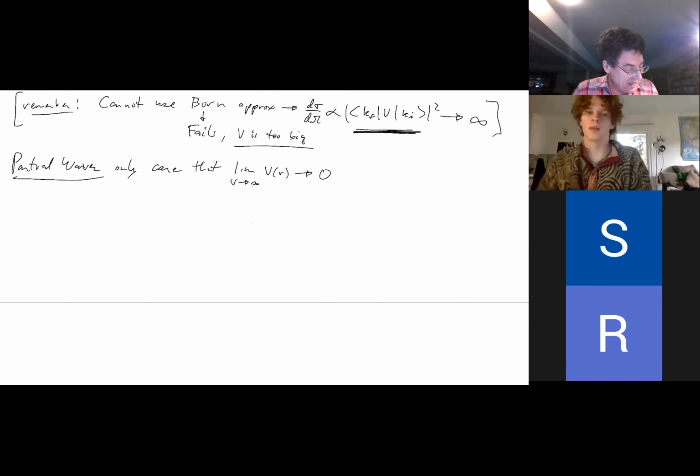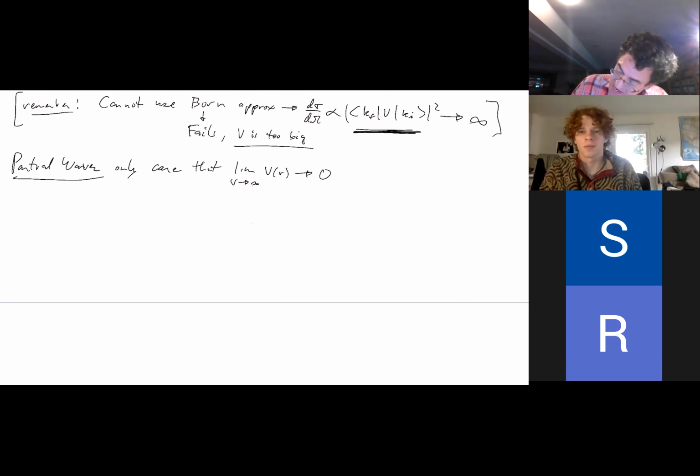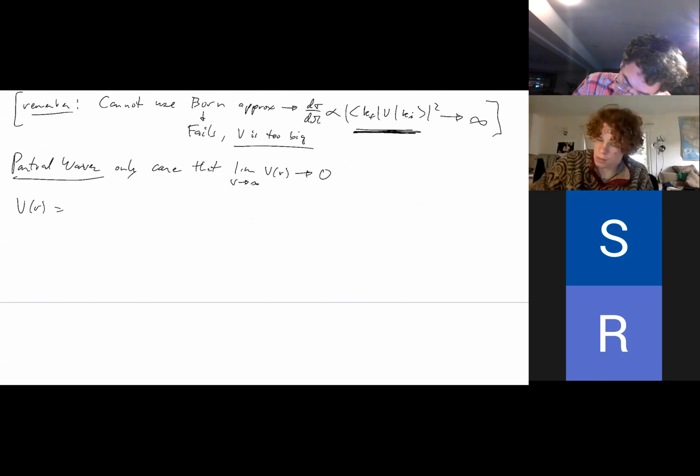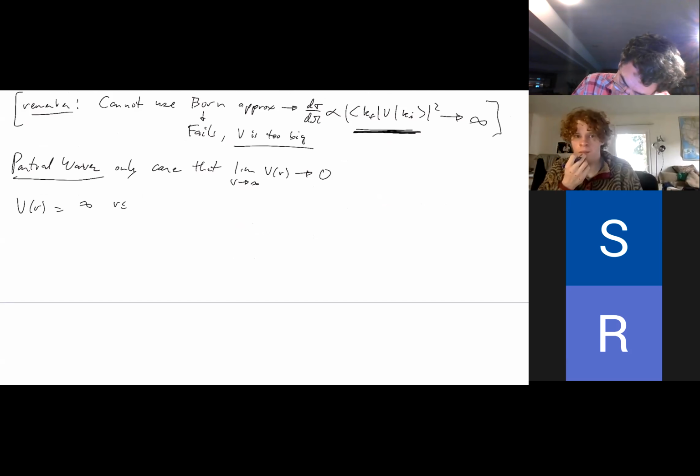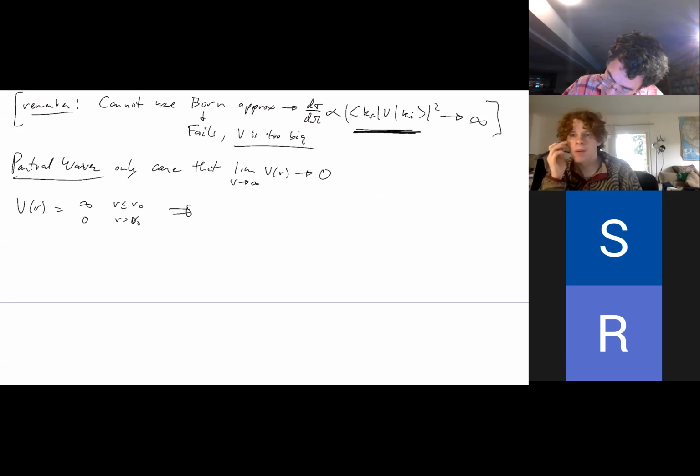So we have a potential. V of r is equal to infinity for r less than or equal to r naught. It equals 0 for r greater than r naught. And so now we want to find the cross section.